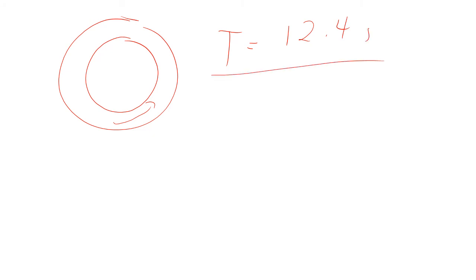Well, now the question is, how fast is the edge of it actually moving? So v equals, or sorry, not R theta, but R omega. We also know it's basically equal to the distance around over time.